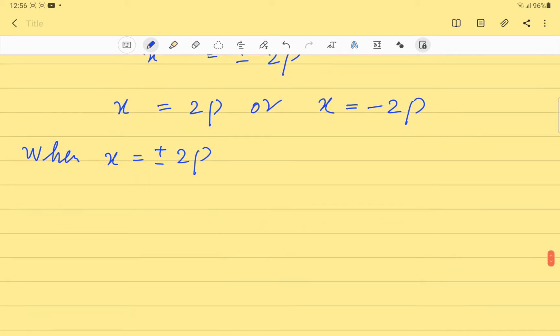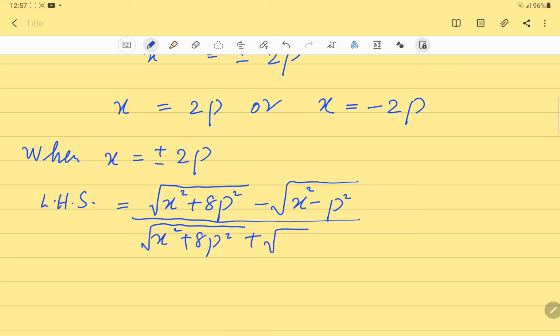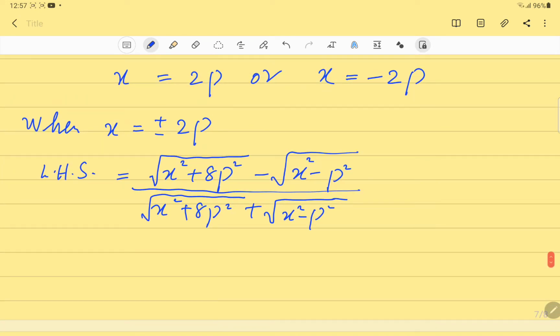We can do it only one time. So the left hand side of the equation is square root of x squared plus 8p squared minus square root of x squared minus p squared over square root of x squared plus 8p squared plus square root of x squared minus p squared. Now we will substitute the value of x into this.